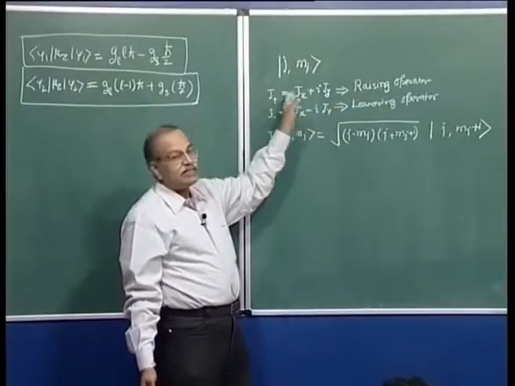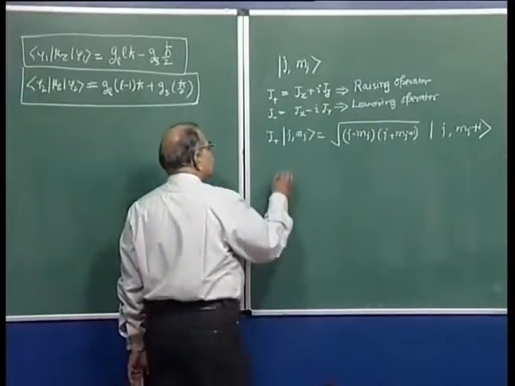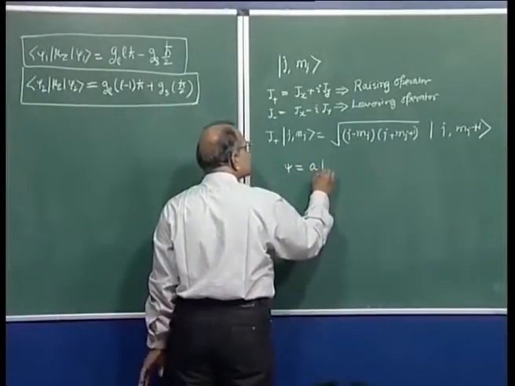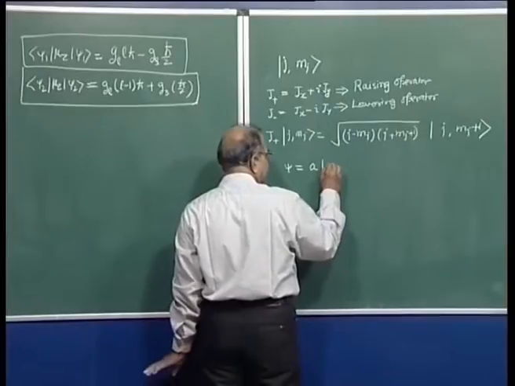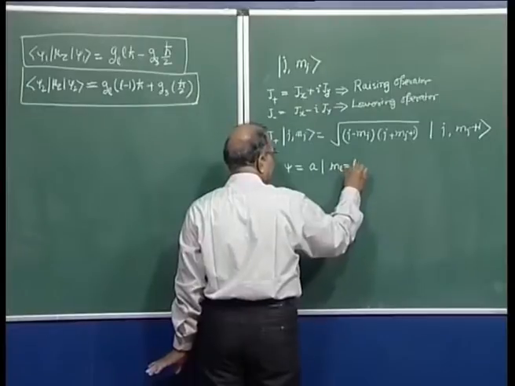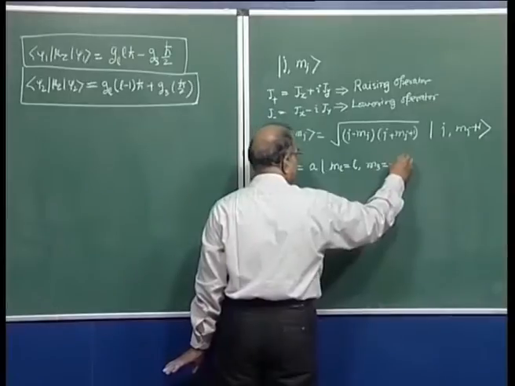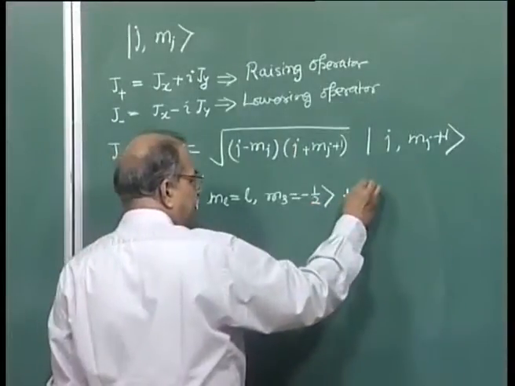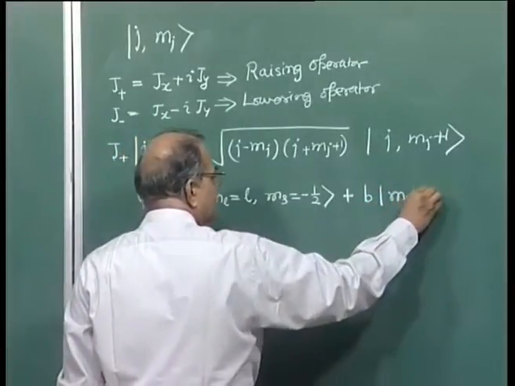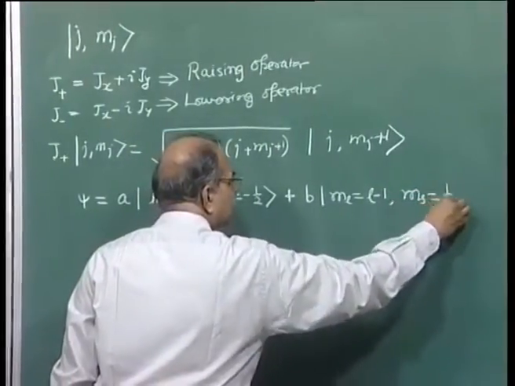I will be needing this j plus. So this psi was a times psi 1, and what did we write for psi 1? ml equal to L and ms equal to minus half, plus b times psi 2, ml equal to L minus 1 and ms equal to half.